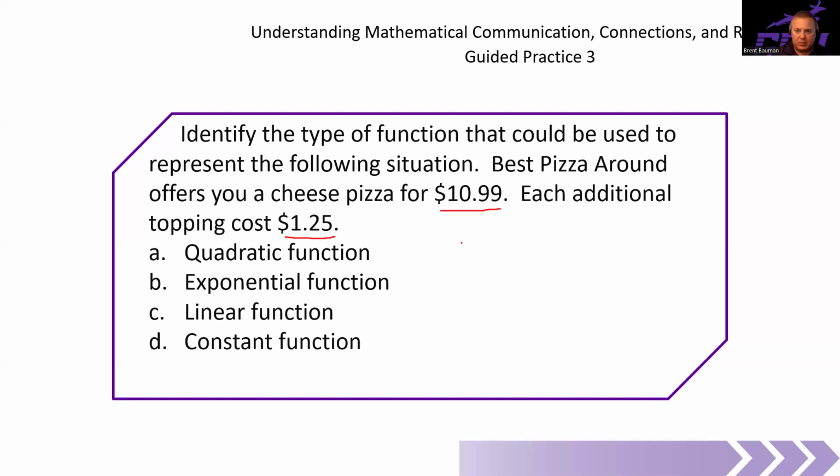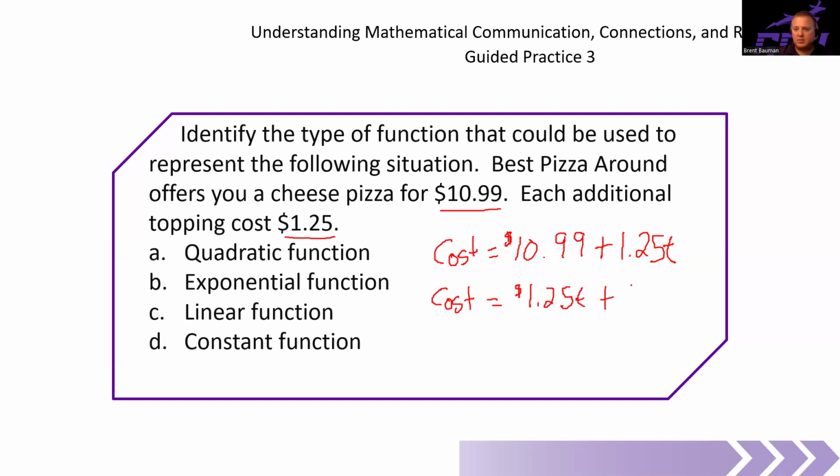You could write the cost equals $10.99, and we're going to add a cost of $1.25 per topping. Let's use T. We could rearrange that to give us the cost equals $1.25 per topping plus $10.99.